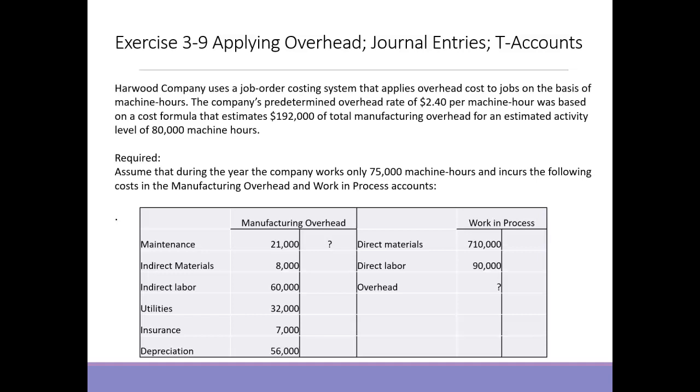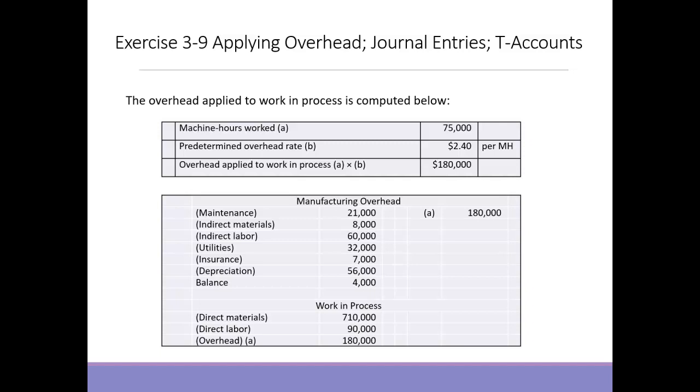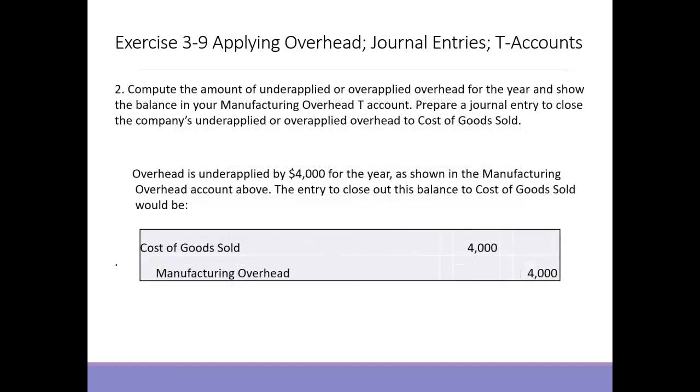So if they really only work 75,000 times 2.40, 180,000 would be being applied, wouldn't it? Right? And how much did we actually spend? More than that 180. You see that balance is 4,000 there? So, because we underapplied it, we would have to show more cost of goods sold.